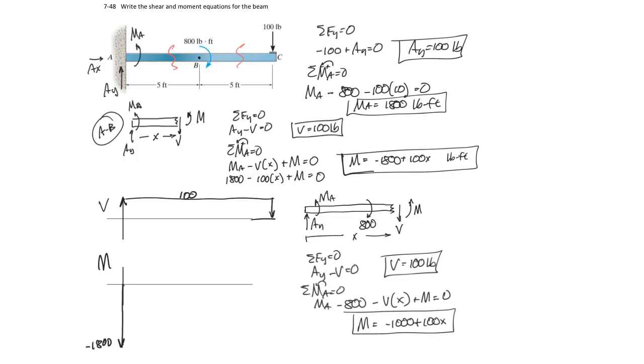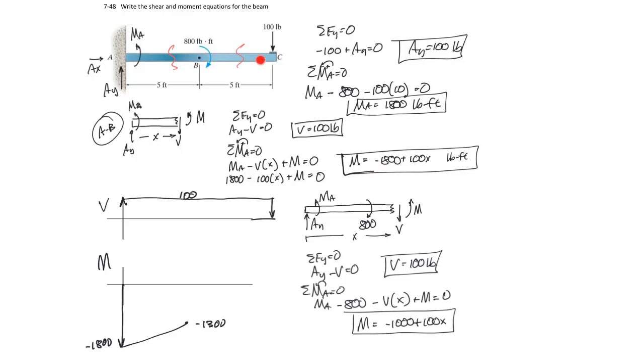Now let's look at x equals 5. If you put 5 in here, I have negative 1800 plus 500, so that'd be negative 1300. It looks like that is a straight line. This is an equation of a straight line, so it's pretty easy to see.